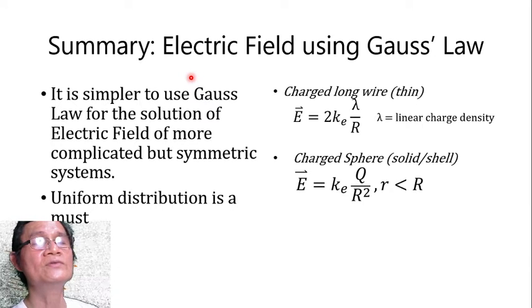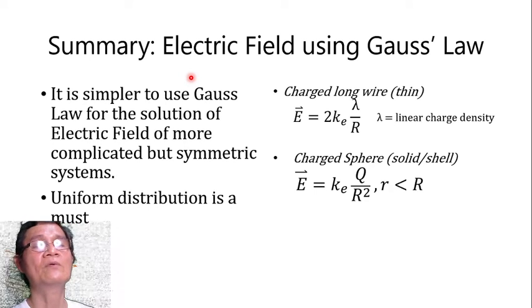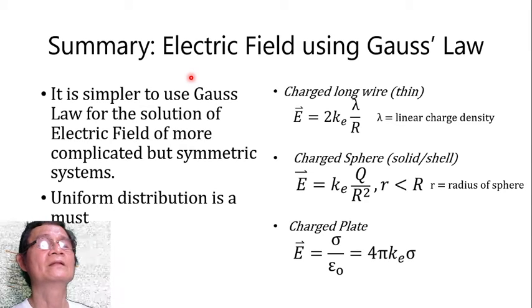For a charged sphere, solid or shell, we have k_e Q over r squared, with the requirement that the radius r, small r, that contains the charge has to be less than the r, which is the point from the center. And of course, for a charged plate, the equation is just sigma over epsilon_o, or 4 pi k_e times sigma. So notice that Gauss law has simplified it so much.